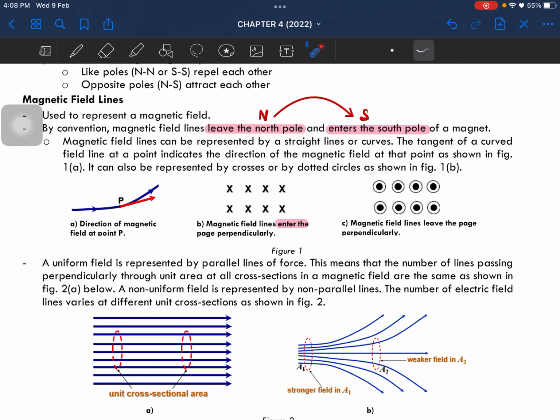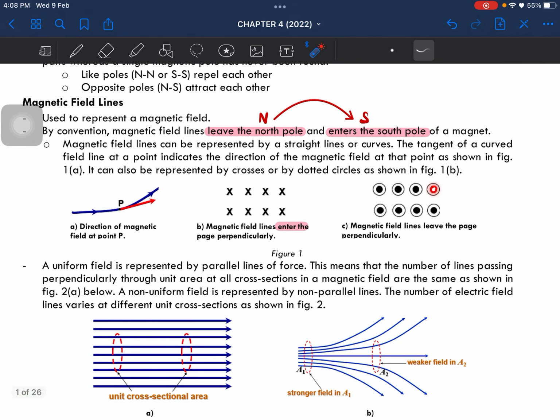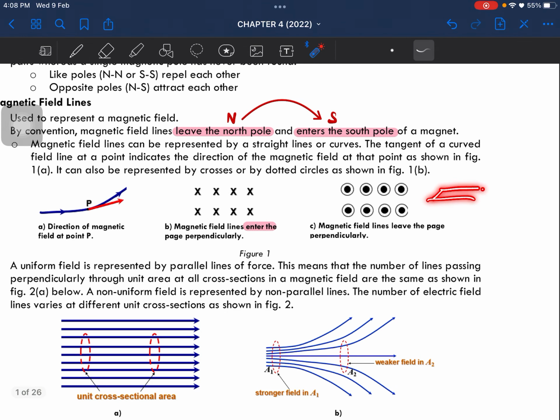Vice versa, if you see a dot, it basically means that the magnetic field is leaving the page. So you see a dot here.